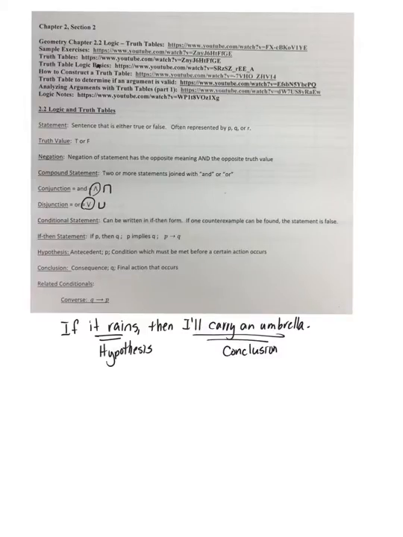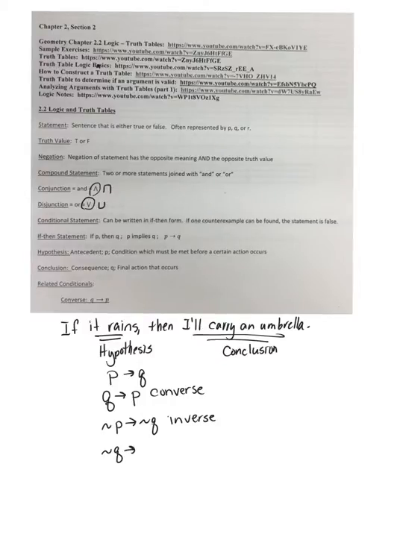Remember, when we have P implies Q, and we flip around and put the conclusion first, if I carry an umbrella, then it will rain, this is called the converse of the statement. If I go back to my original statement and negate both parts, I have formed the inverse of the statement.